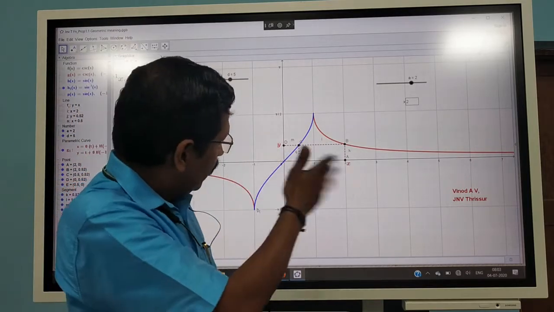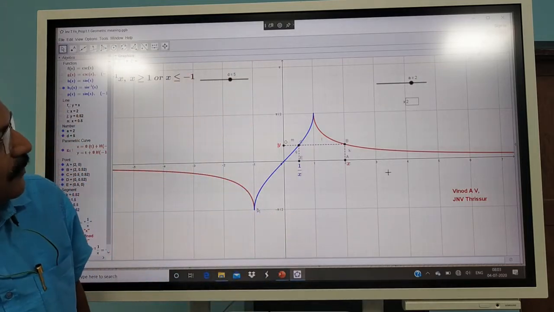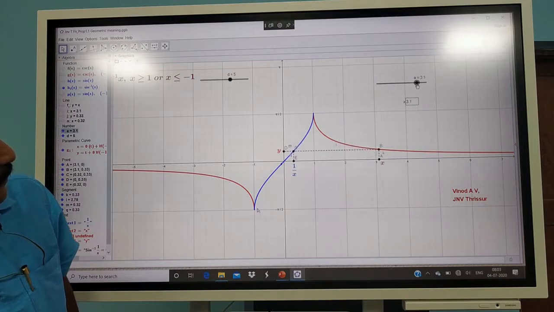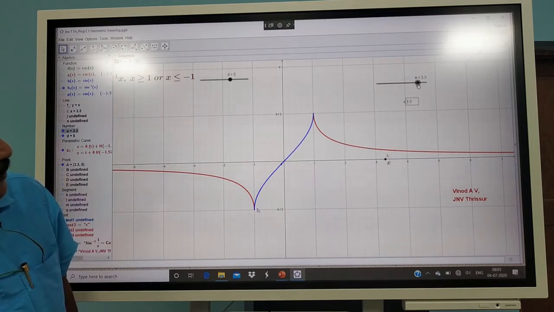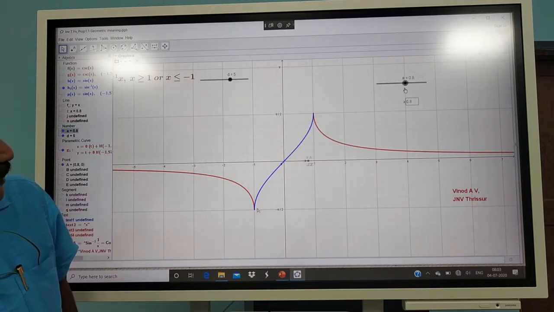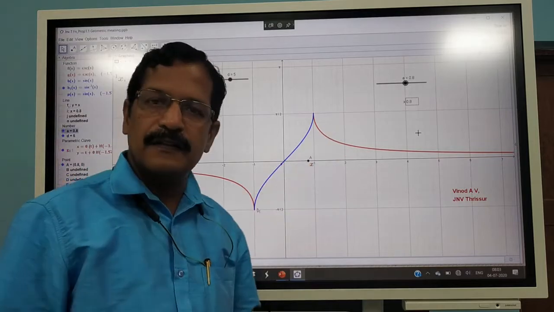You can move the point anywhere on the graph of cosec inverse. When I move it here, we cannot find a point on the cosec inverse graph. Why?